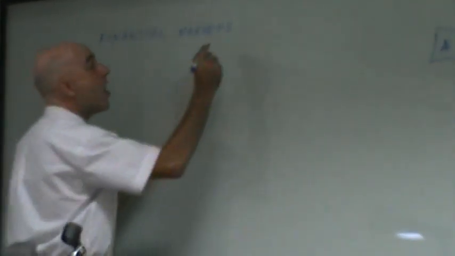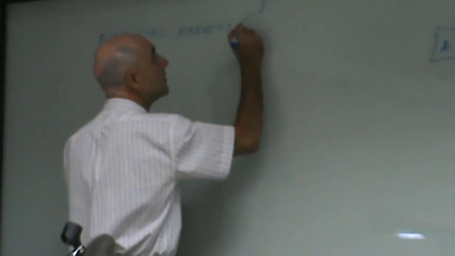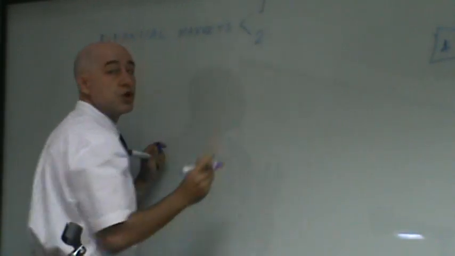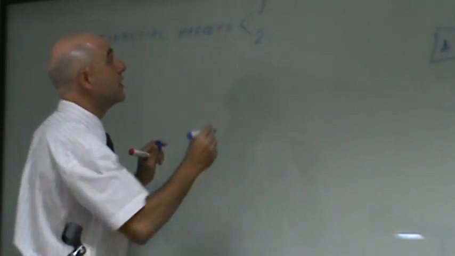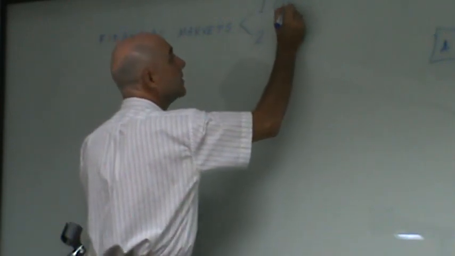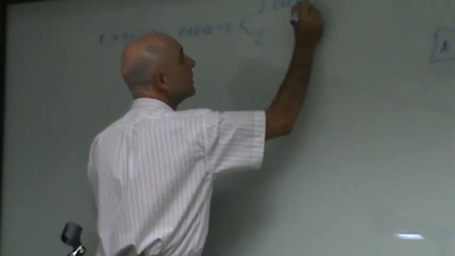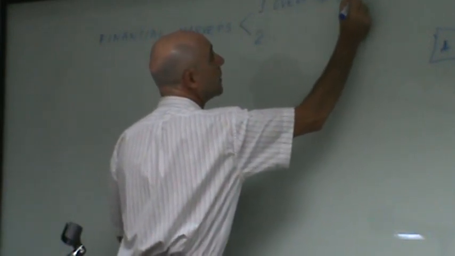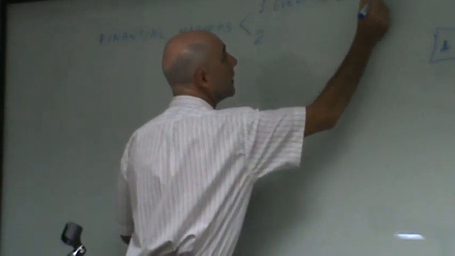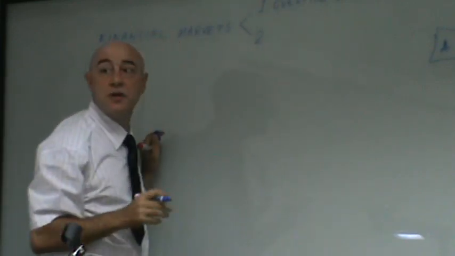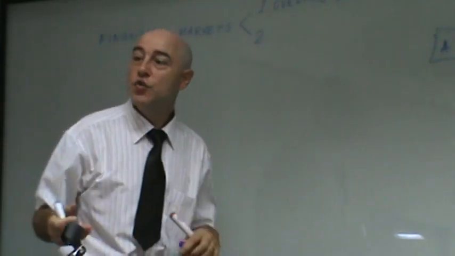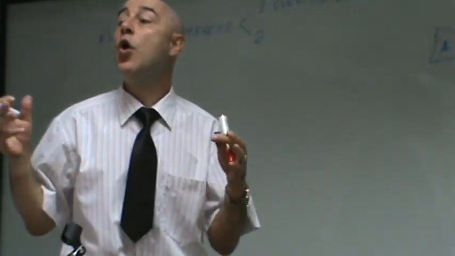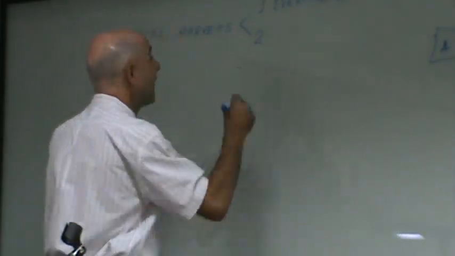Financial markets are of two types. Number one, over the counter. And number two, exchange. We like to call it organized exchange.